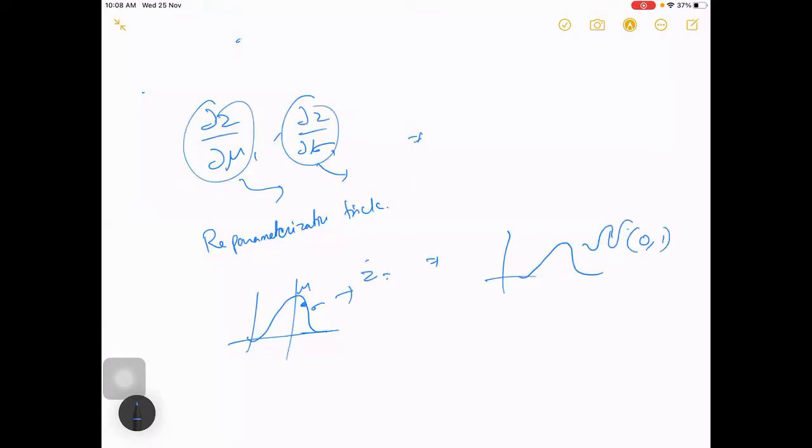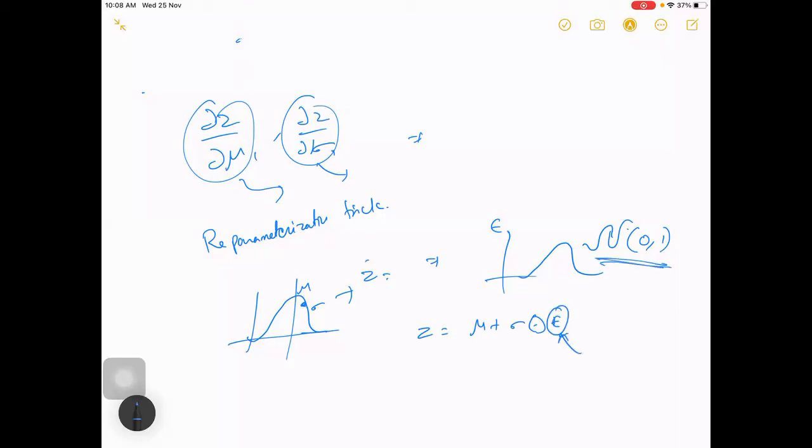And we have z in terms of mu plus sigma times epsilon. Let's say this is epsilon, and this epsilon value is randomly sampled from this normal distribution of 0 and 1.